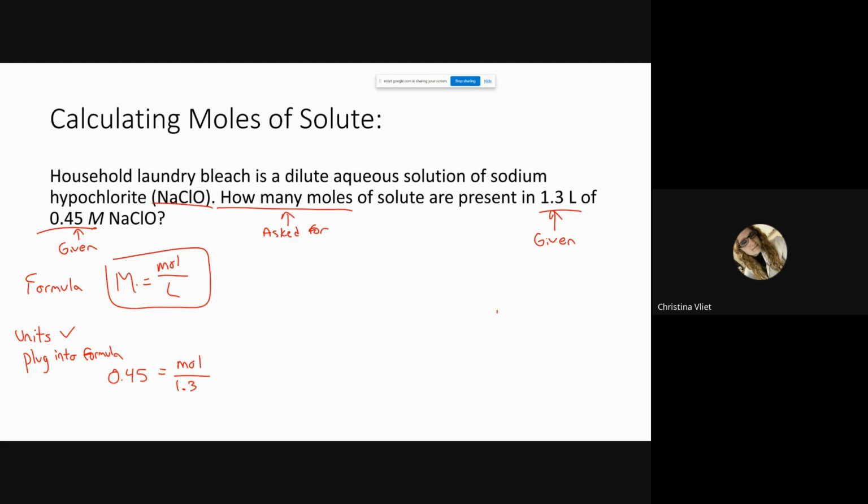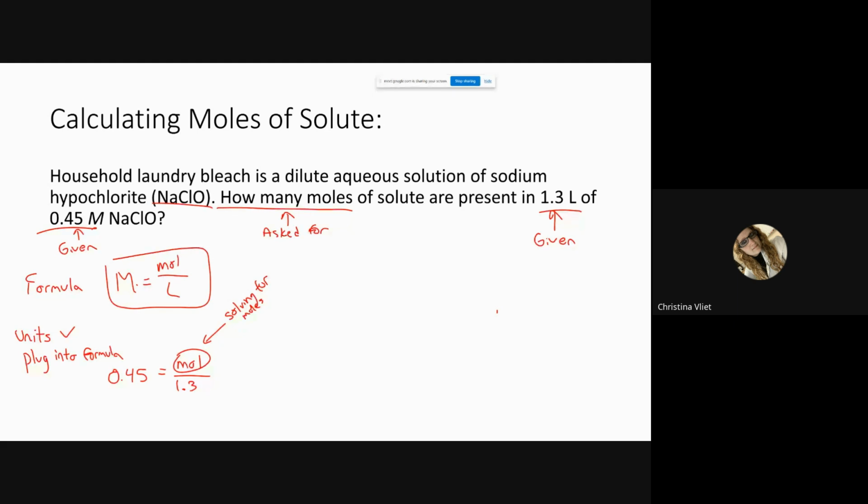How do we solve this for moles? 0.45 equals mole over 1.3. I'm solving for moles, right? If I'm solving for moles, I have to isolate it. It has to be private. This is algebra. This is actually algebra.